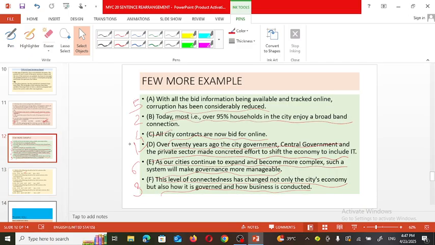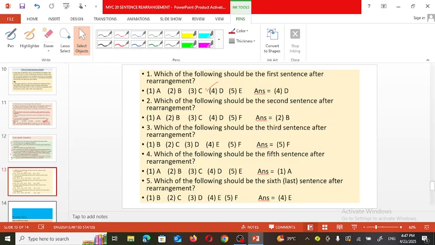So here when we have considered it, our arrangement is like this: at the first place option D is there, then second place B, third place F, fourth place C, fifth place A, and at the end place E. You are able to see A, B, C, D, E, F, like that.